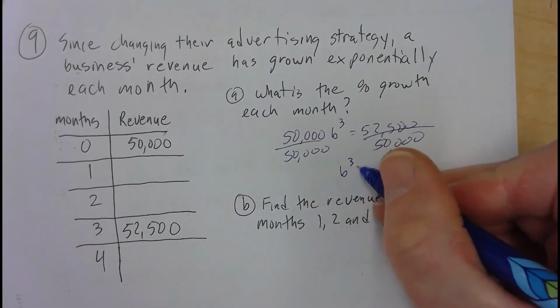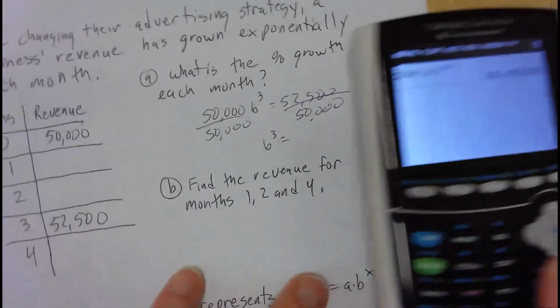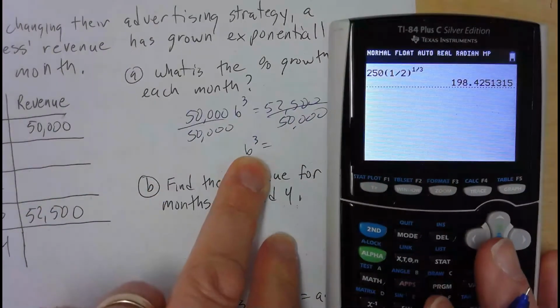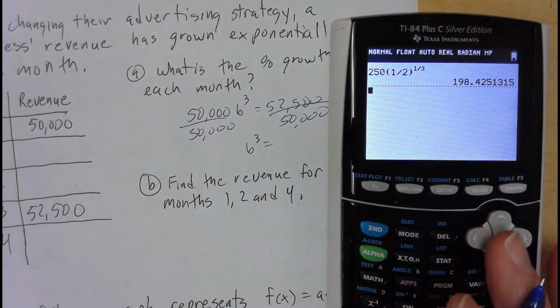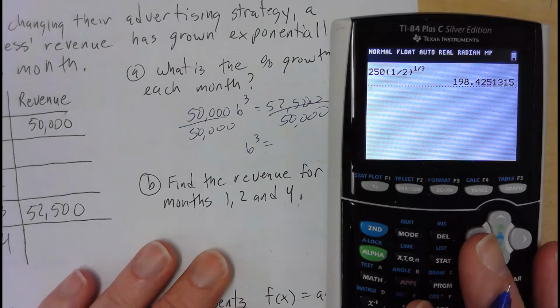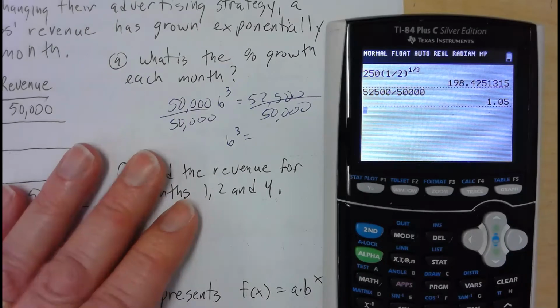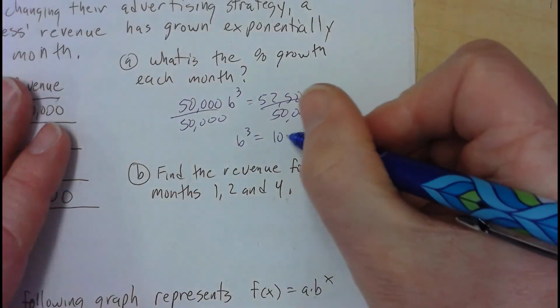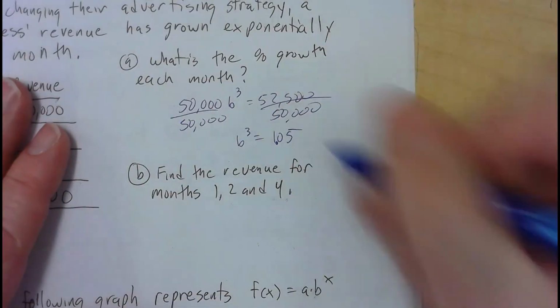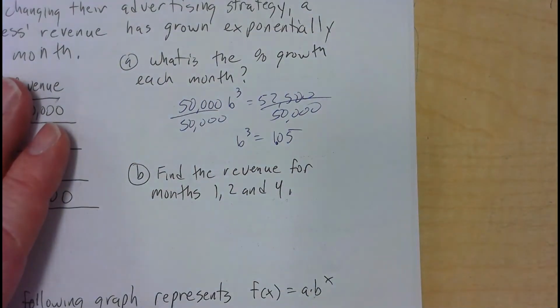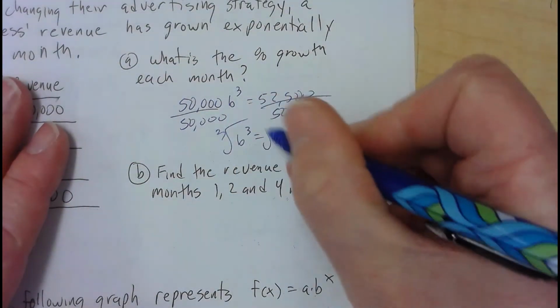We get B cubed is equal to 52,500 divided by 50,000. It's 1.05. Then I'm going to take the cube root of each side of the equation to get B by itself.